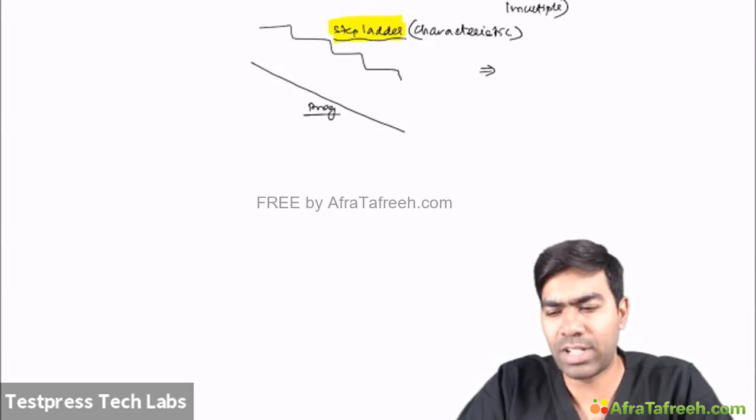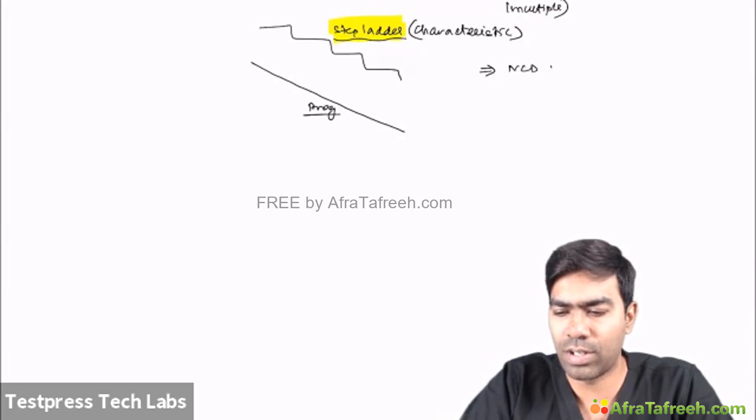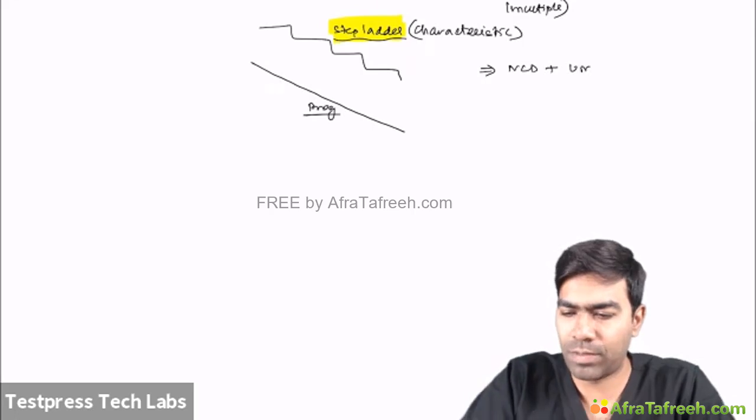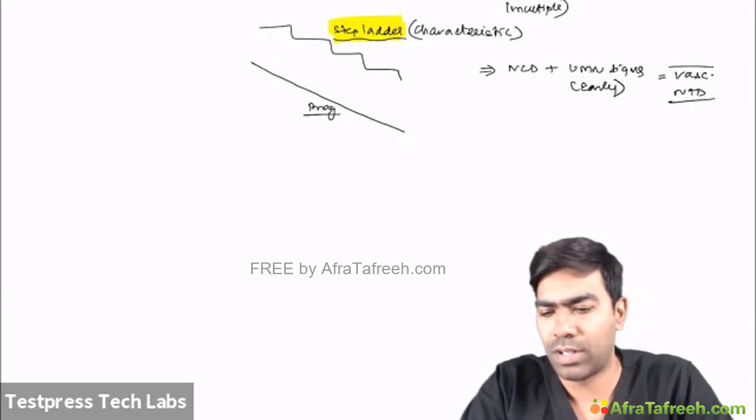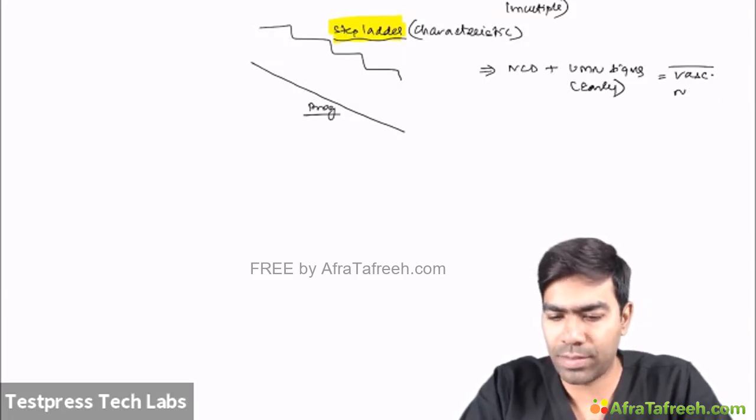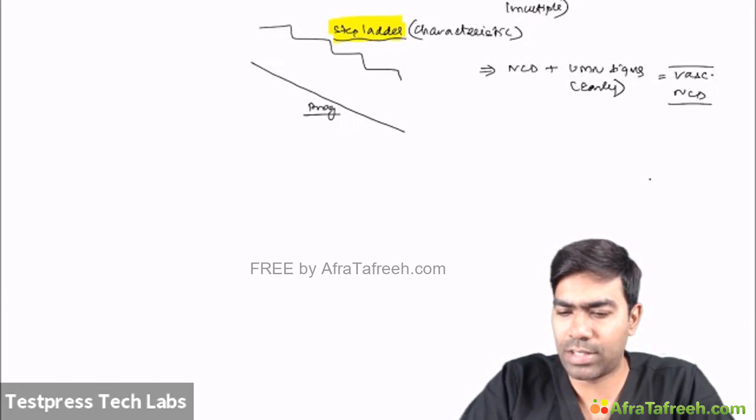So how will you differentiate this from other dementias? Remember, any neurocognitive disorder with typical, early onset UMN signs is equal to vascular dementia or vascular neurocognitive disorder, vascular NCD.